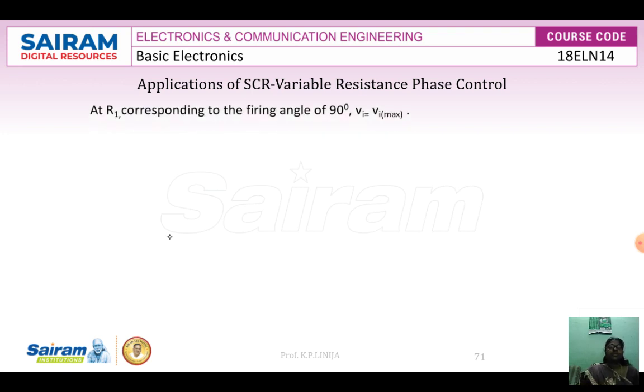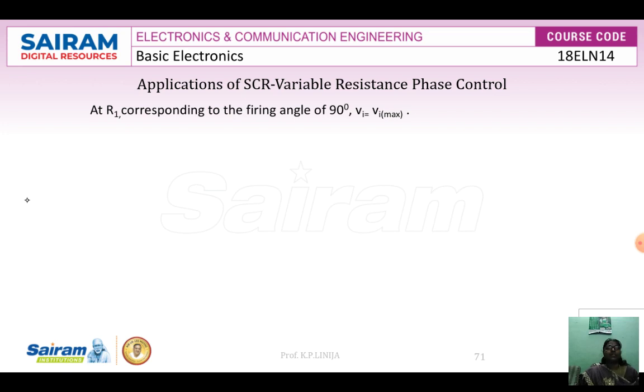In the circuit we have used the resistors R2 as well as R1. Suppose the moving contact is set to the top of the resistor R2, then what will happen? The SCR may trigger at the commencement of the positive half cycle of the input.